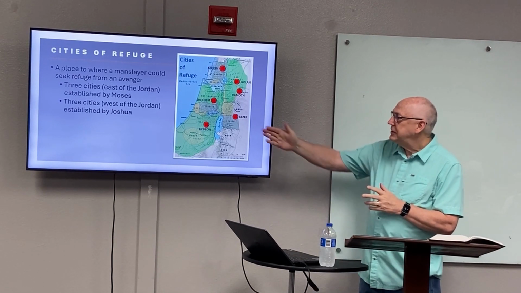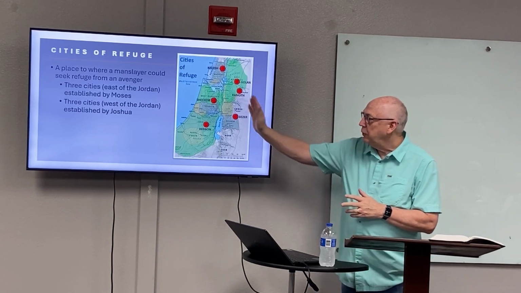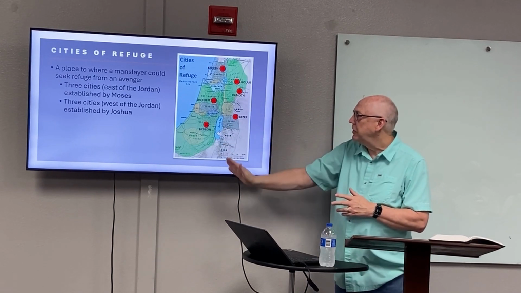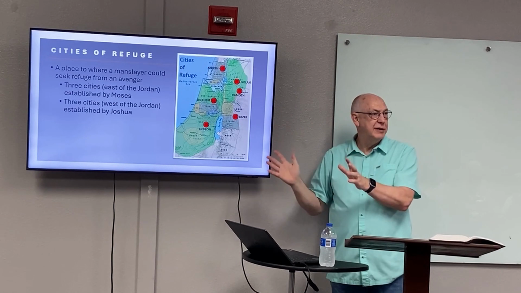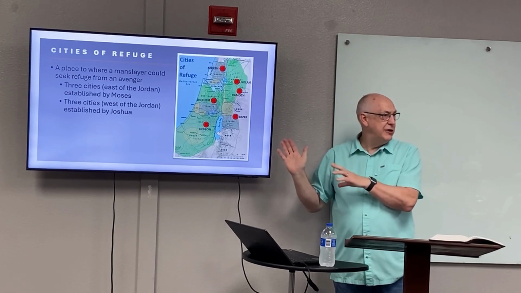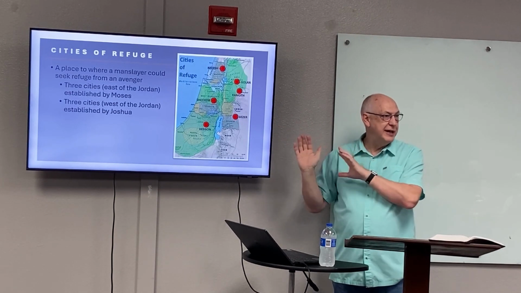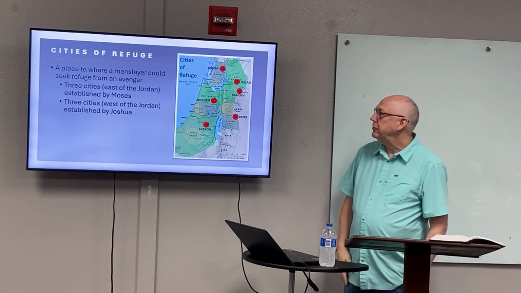So there are 3 cities east of the Jordan, and then there are 3 cities west of the Jordan. That's another thing you notice over here. The Jordan River is a major separation in the land, so you don't have to cross the Jordan River to get to a city of refuge.